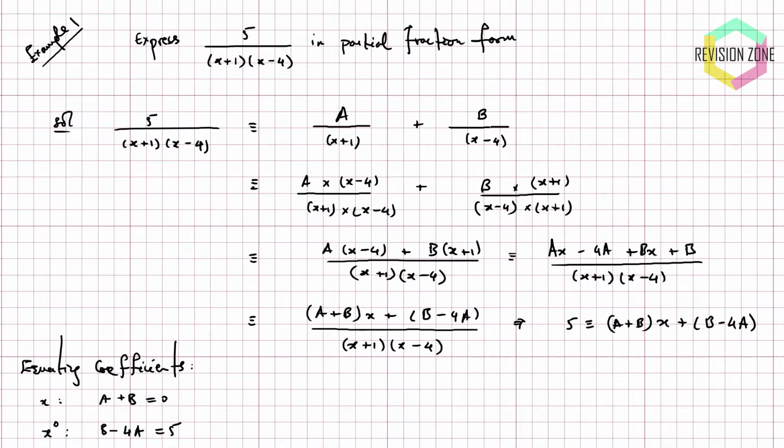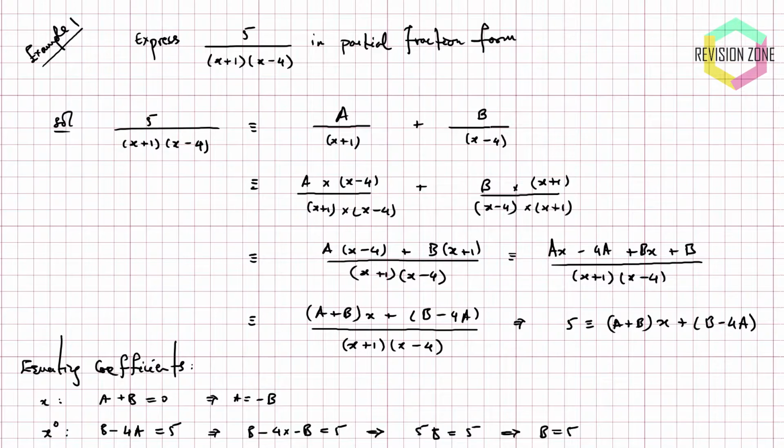Now, at this stage, we solve these simultaneously. So I can say my a plus b tells me actually my a is minus b. And then that tells me that my b minus 4a is the same thing as b minus 4 times minus b, because a is minus b. And that's equal to 5. Well, that is the same thing as 5b. 5b is equal to 5, and that of course tells me that b is equal to 1.